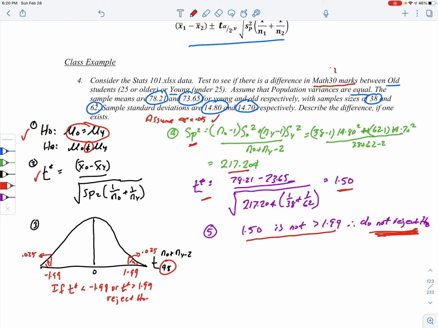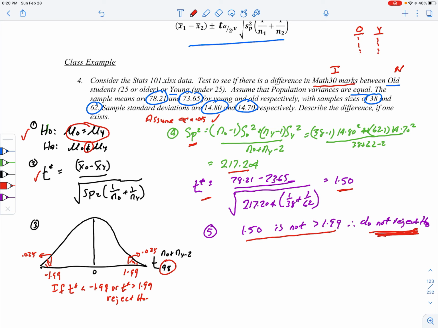That was your interval variable. And then your nominal variable is your age class, classified as either old or young. So we've got the old column with all the ages, and the young column with the ages here. And there's 38 of these and 62 of those.